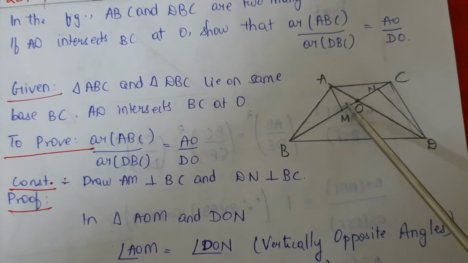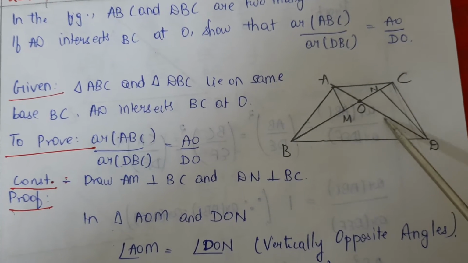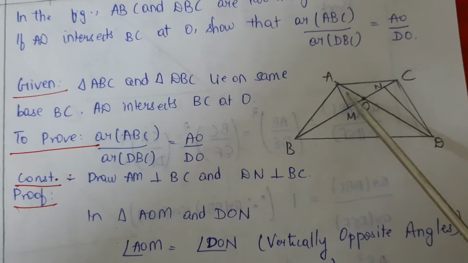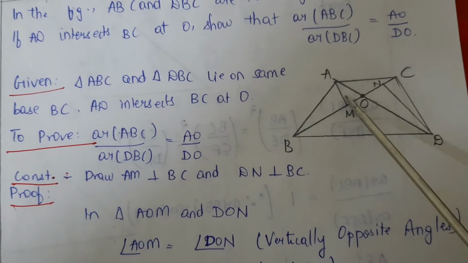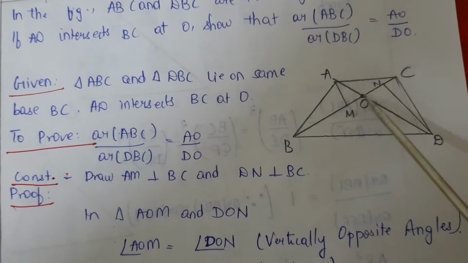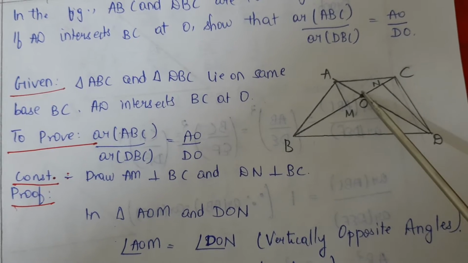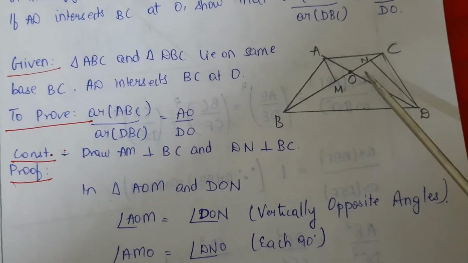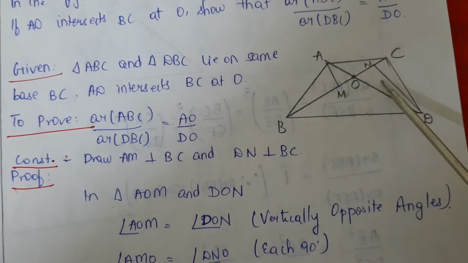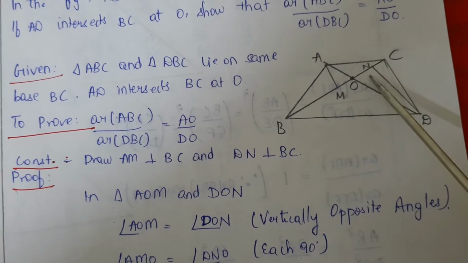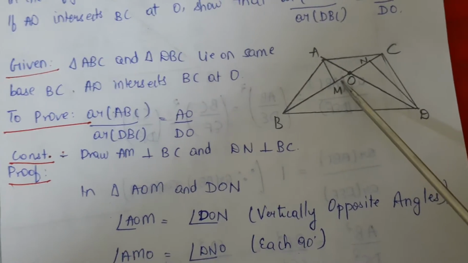Now we are going to consider triangle AOM and DON. When we take these two triangles, we know angle AOM and DON are vertically opposite angles. And here AMO and DNO are each 90 degrees because they are perpendiculars.